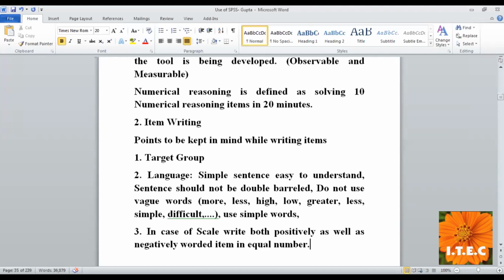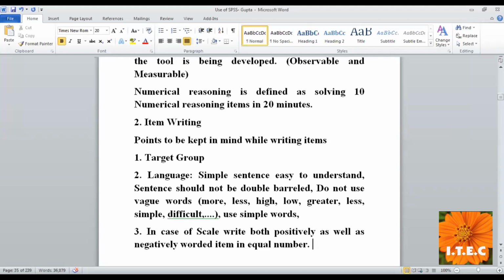And they should be mixed. So positively worded items and negatively worded items must be mixed. That means you should not put all positively worded items first and all negatively worded items second. No, you mix them up so that some positively worded, then negatively worded, then some positively and some negatively.